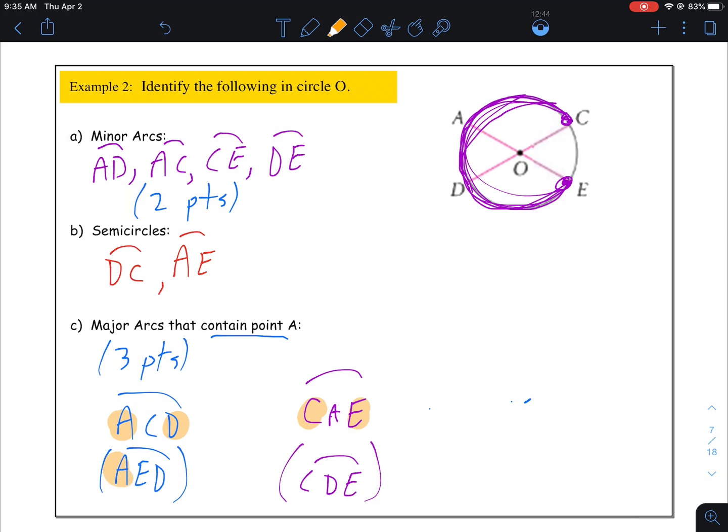What you put in the middle, notice, is up to you. The middle point could be anything that you passed along the way. Now, will that always be the case? No, you won't always have this many points given to you on a circle. So basically, if that confused you, just know for a major arc, you really just have to be greater than 180. That's the main thing you're looking for, bigger than 180 degrees.